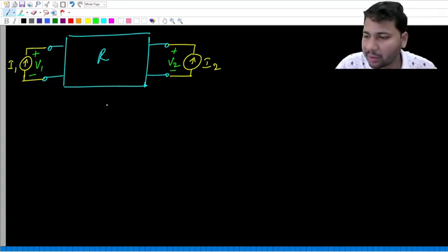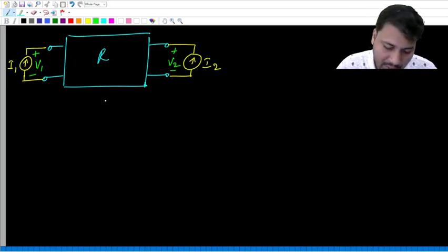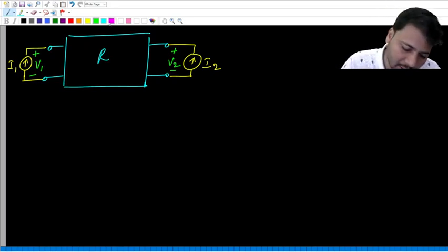So now that we have the original circuit, for this original circuit that has two current sources, let us conduct the two experiments just like we conducted for the earlier circuit.